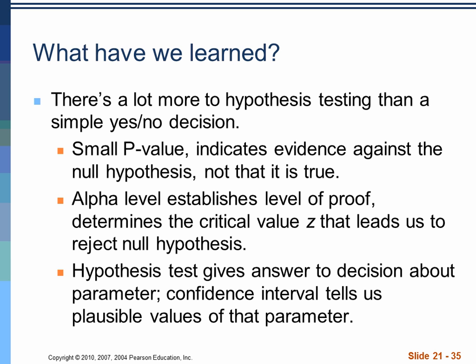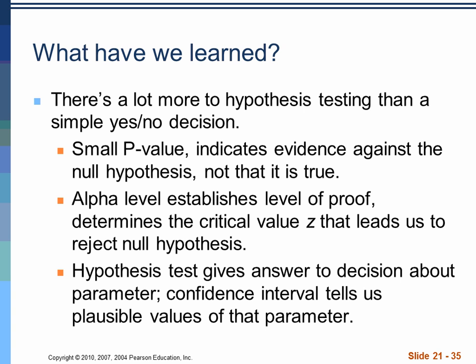Small p-values indicate evidence against the null hypothesis, not that it is true. Alpha levels establish the level of proof. It determines the critical value z that leads us to reject the null hypothesis. A hypothesis test gives answers to decisions about your parameter.